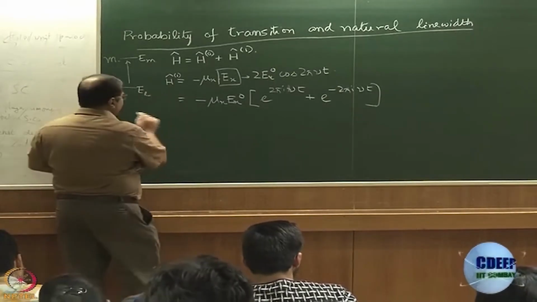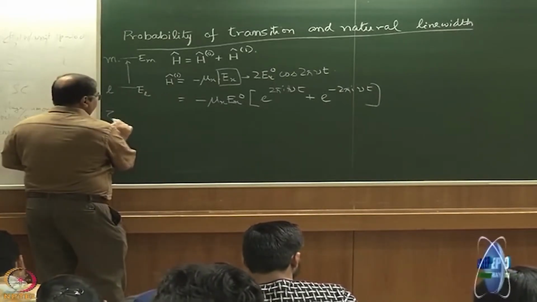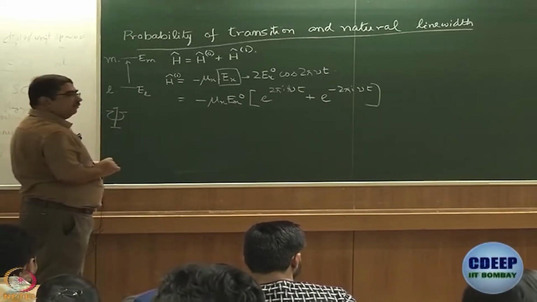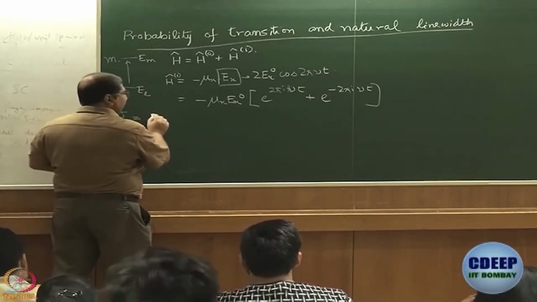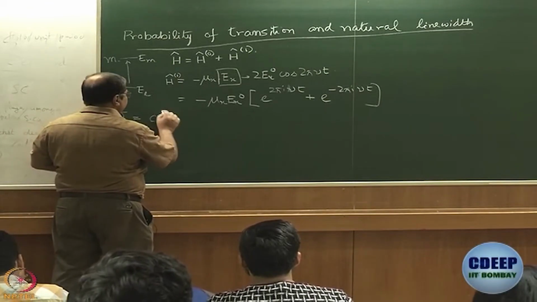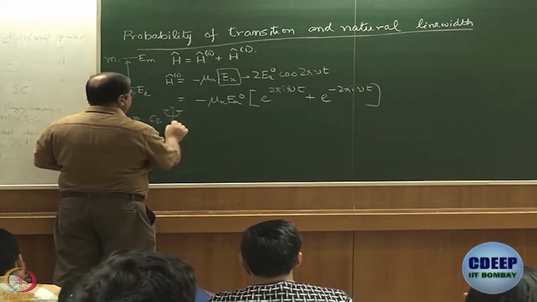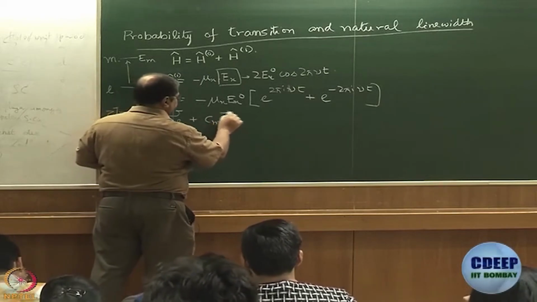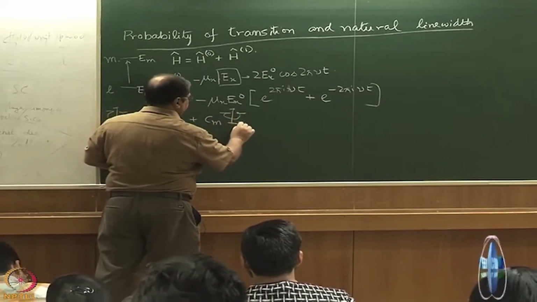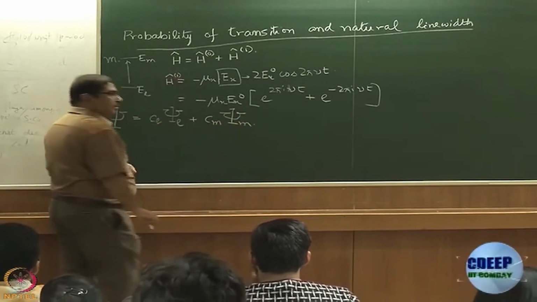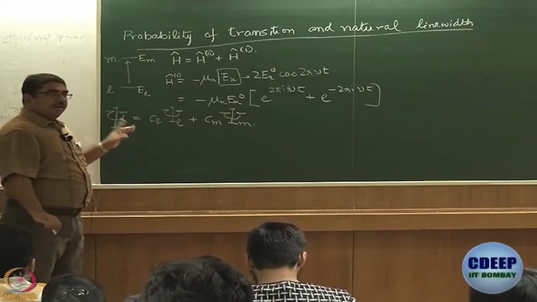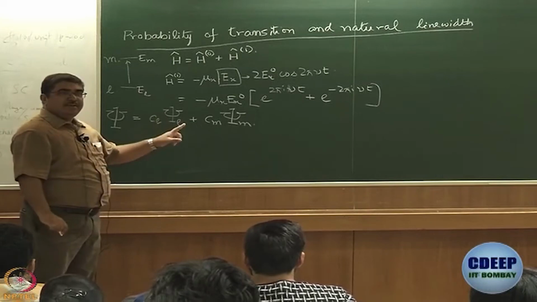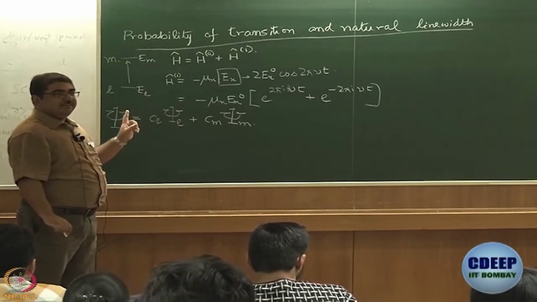What about the wave function? We said the time and space dependent wave function psi of the two-state system is given as a linear combination of wave functions of the two states. It is very important to remember that these coefficients Cl and Cm are time dependent.